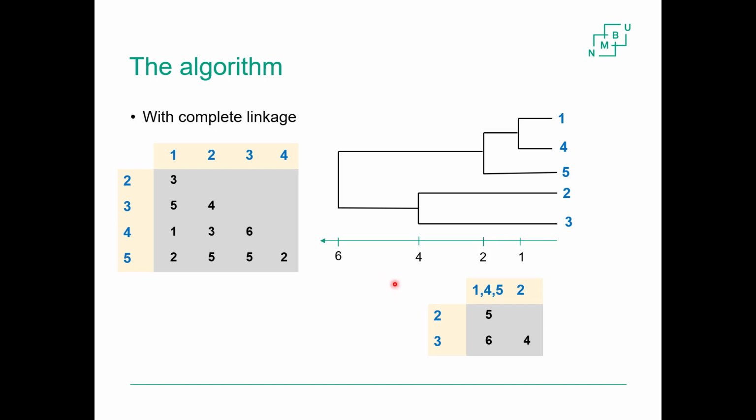And notice that if you have an n by n distance matrix, it's always n minus 1 steps of this algorithm, because it reduces one row and a column each time in the distance table. So this is quite a fast way of clustering always.